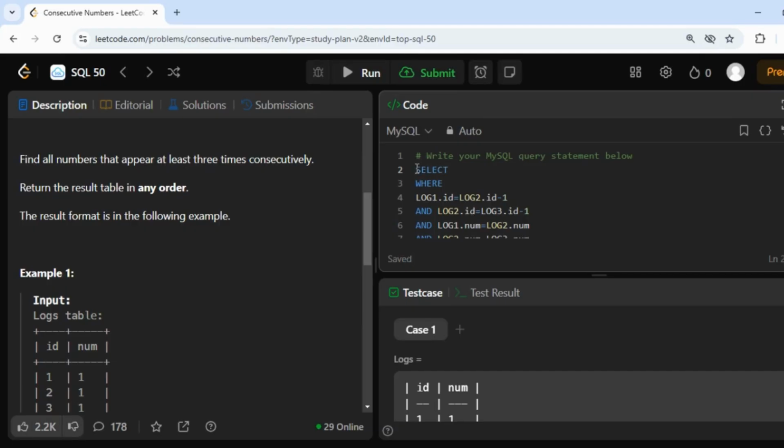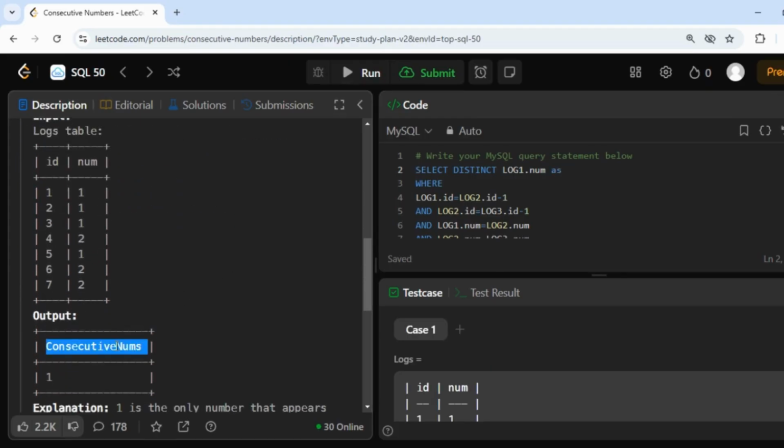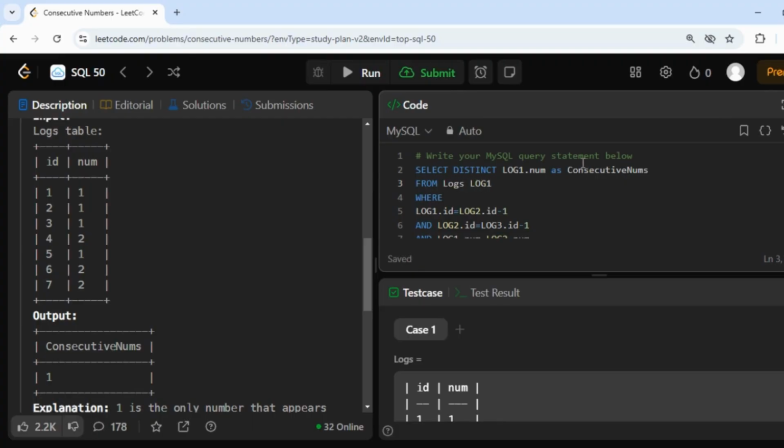SELECT DISTINCT log1.num AS ConsecutiveNums FROM logs log1, logs log2, logs log3, creating the tables here.